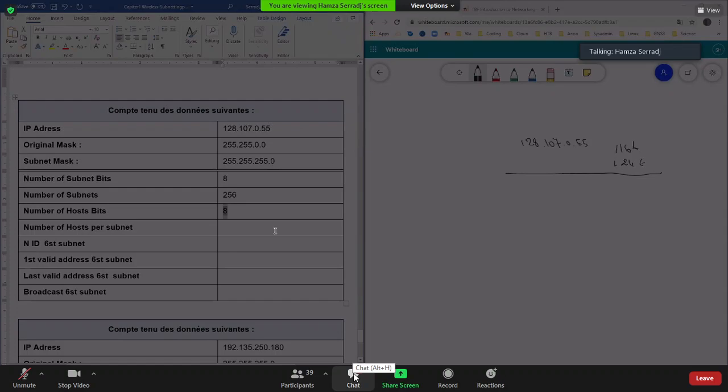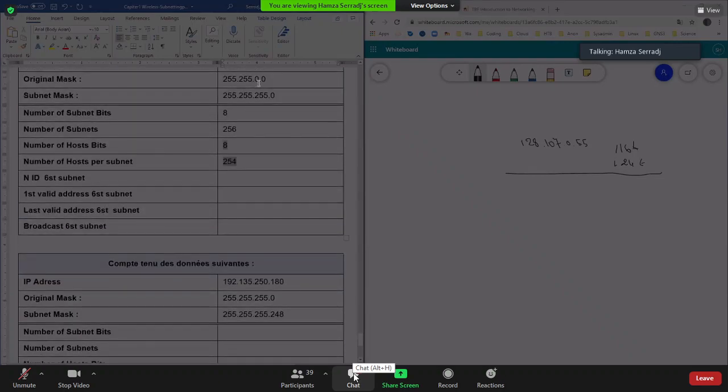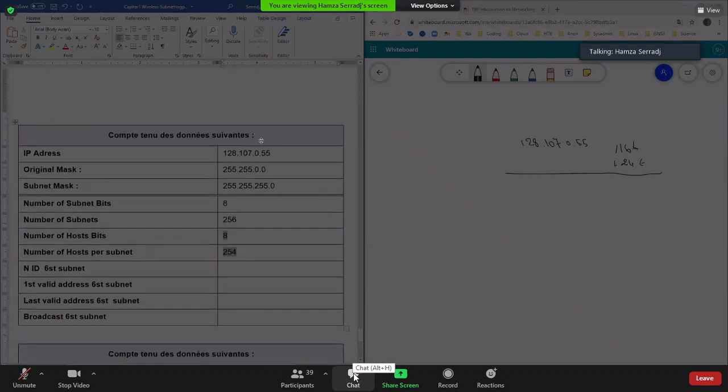Number of hosts, 2 power 8 minus 2. I'm going to have 254 computers in each subnet. So I'm going to have 256 networks starting from 0 in the third block: network 0, network 1, network 2, network 3, till network 255. That gives me 256, 255 plus 1 for the 0 situation.